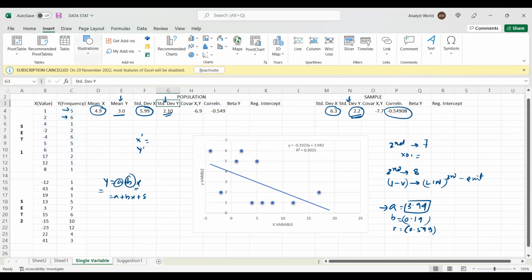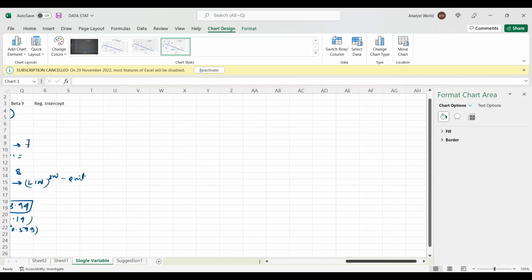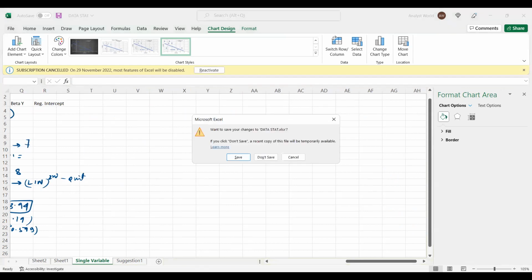Oops. My cursor has vanished. I do not know why. All right.